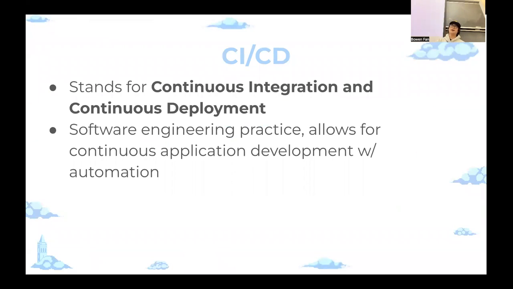So the next topic I want to get into, and it's not necessarily related to the first part of what we just talked about, is CI/CD. This stands for continuous integration and continuous development. This is a software development practice that helps teams release features and test features while maintaining a live version of their application. In this lecture, we're going to be using a social media app as a prime example.